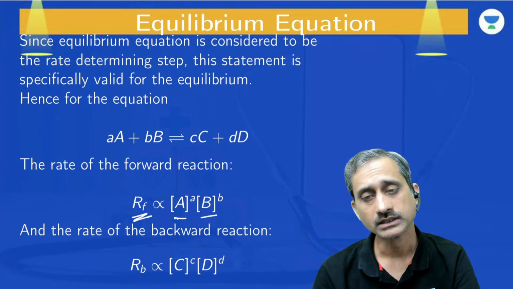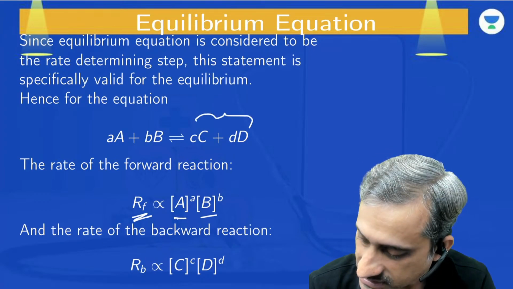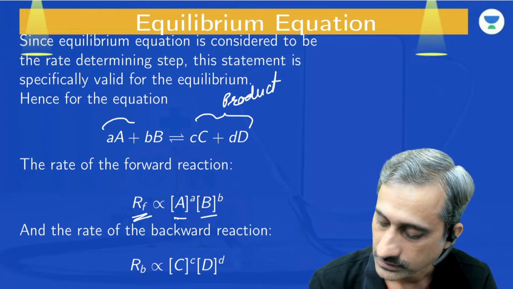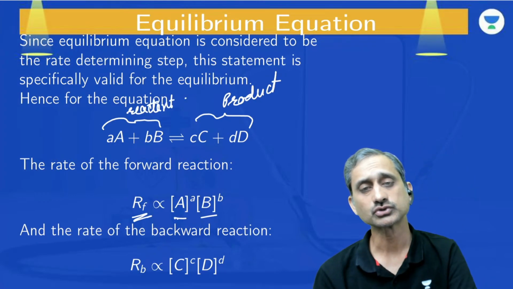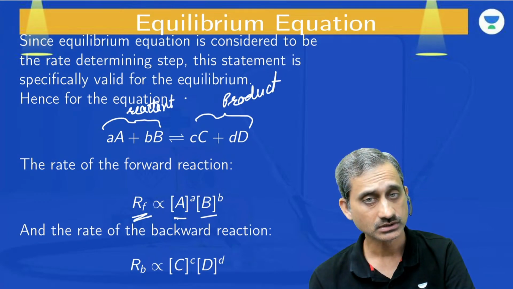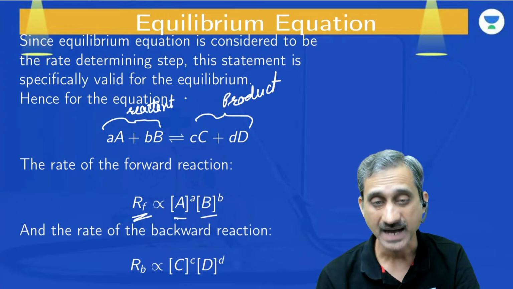Remember, in any equation, the right side is the product and the left side is the reactant. If the reaction is going from reactant to product, that is left to right, we say the reaction is going in the forward direction. If it is going from product to reactant, we say the reaction is going in the backward direction.